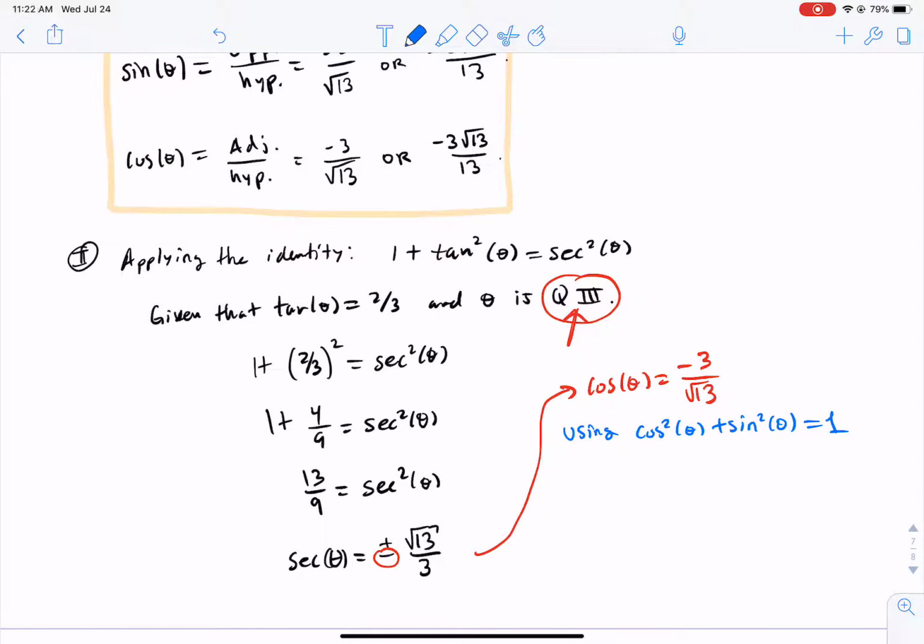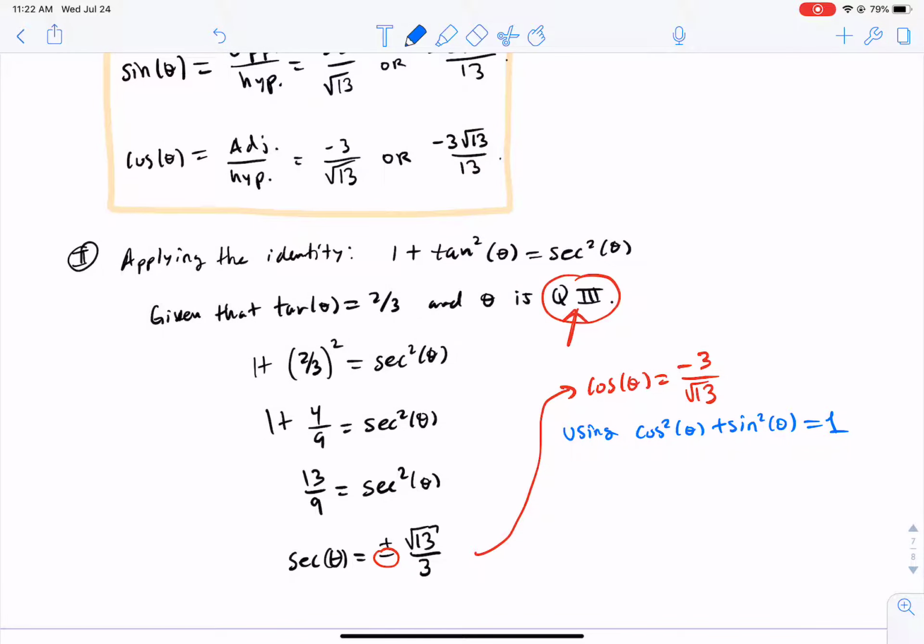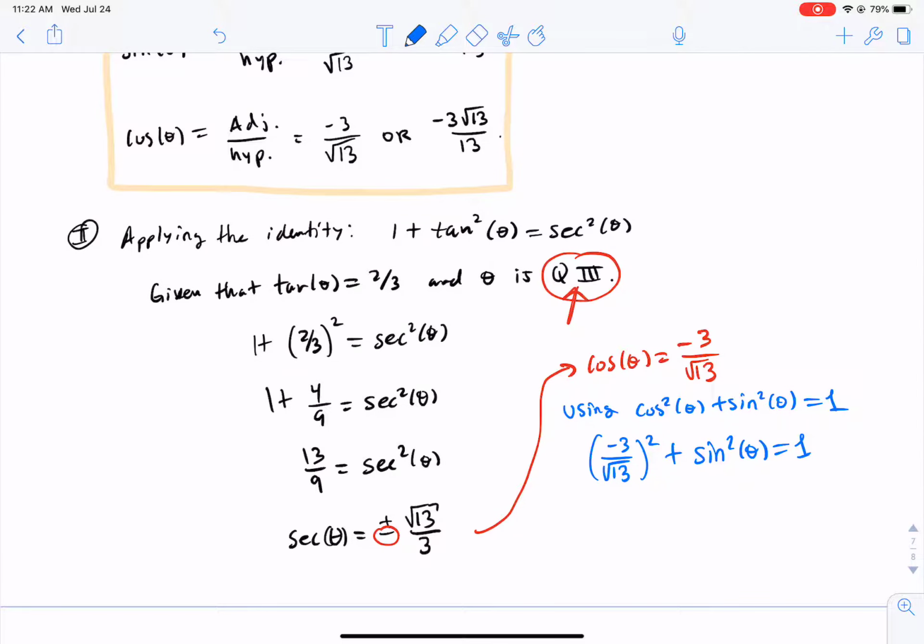And the fact that theta is still in quadrant 3, you will have negative 3 over radical 13, squared, plus sine squared equals 1. So this will be 9 over 13 plus sine squared theta equals 1. So what is sine squared equal to? 1 minus 9 over 13.